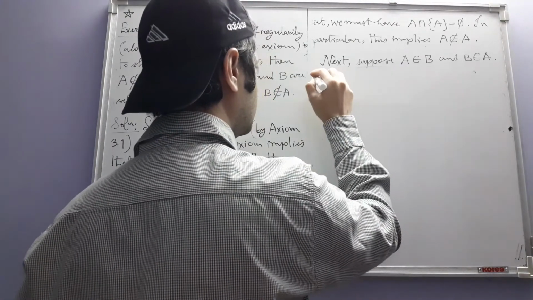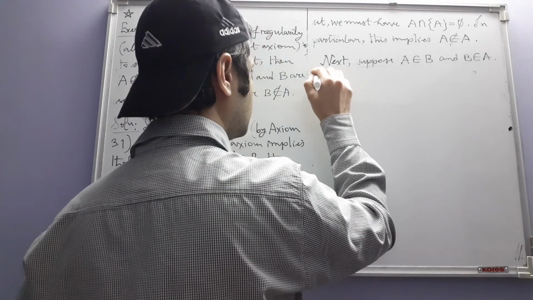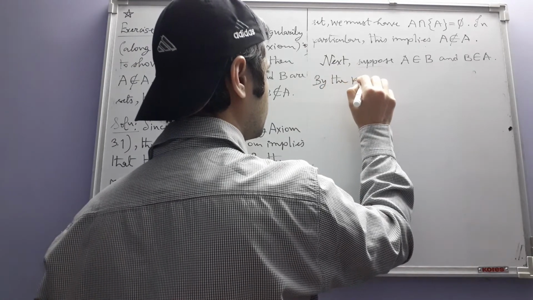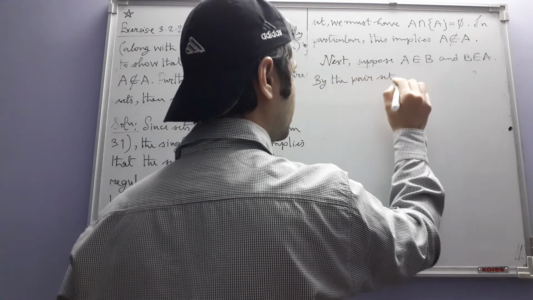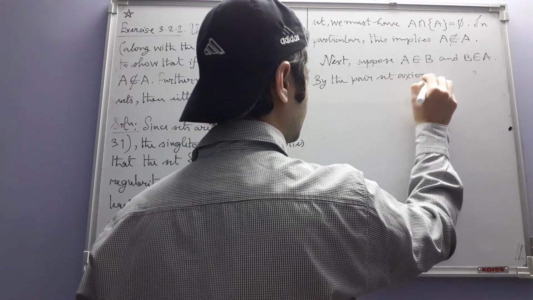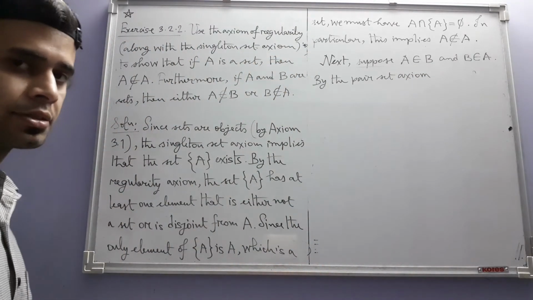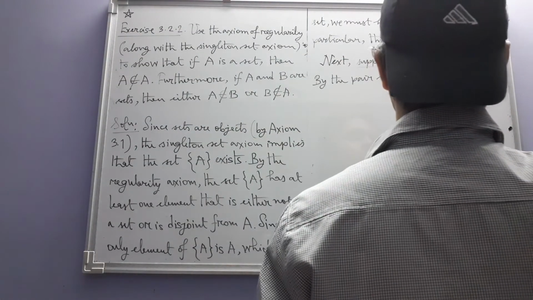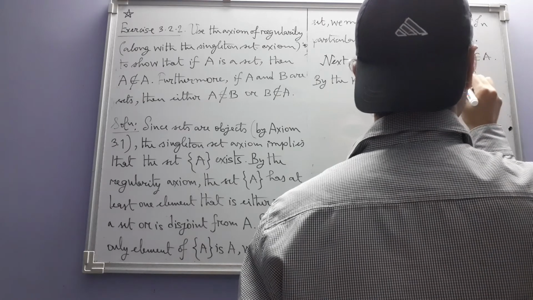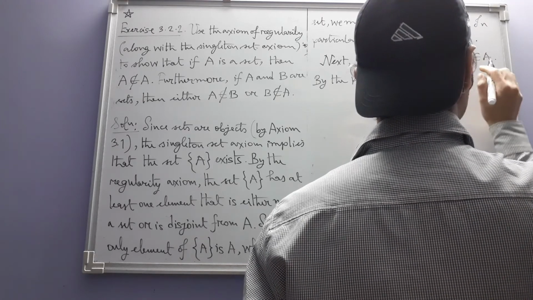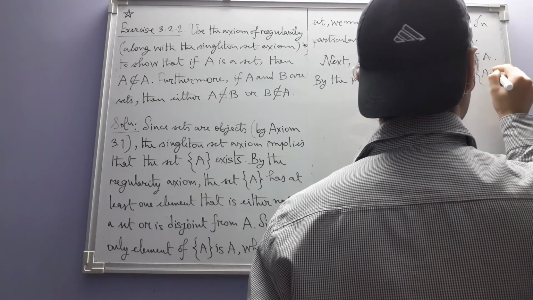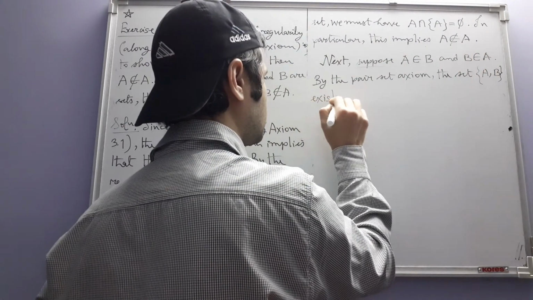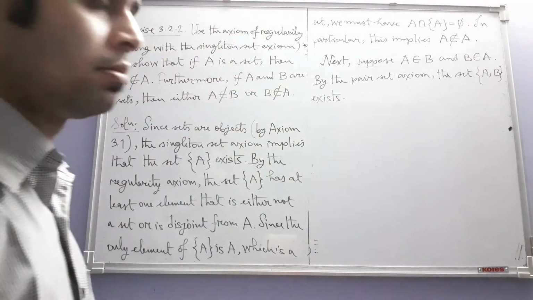Okay. By the pair set axiom, which is actually a part of the third axiom, axiom of singleton sets and pair sets, the set consisting of these two sets exists. Okay.